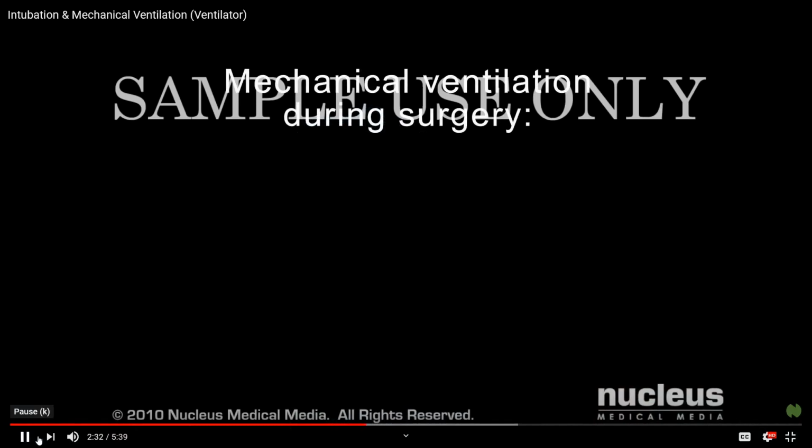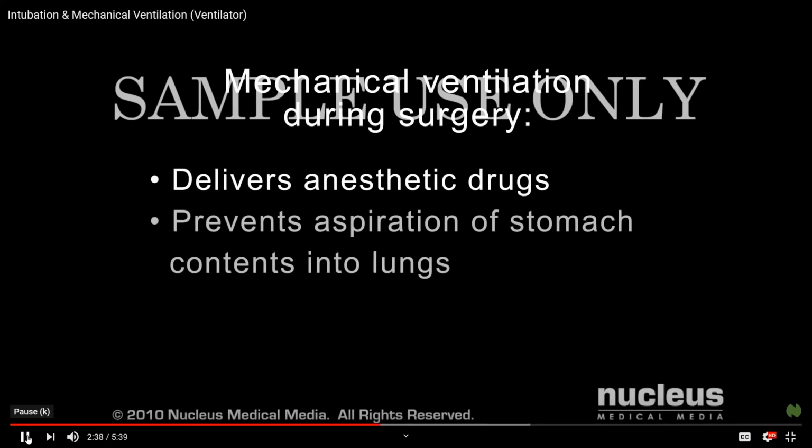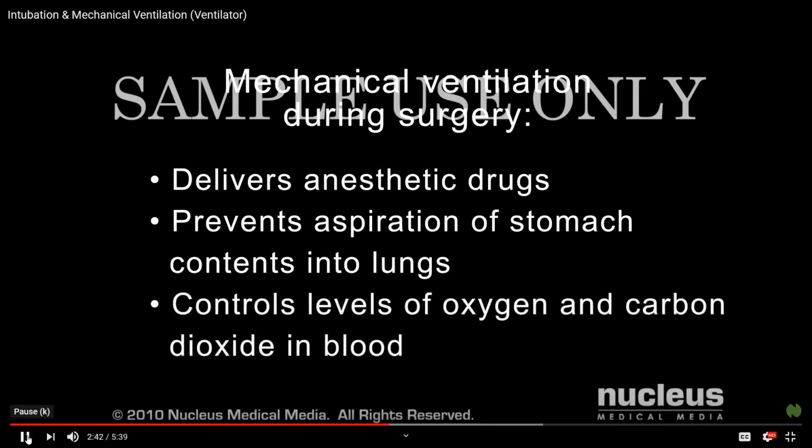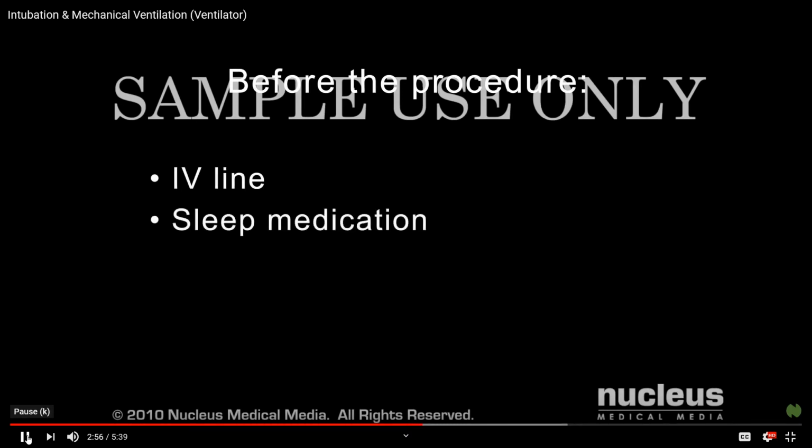Mechanical ventilation is also used during surgical procedures, for delivering anesthetic drugs, preventing the aspiration of stomach contents into the lungs, and closely controlling the levels of oxygen and carbon dioxide in the blood during surgery. Before you are intubated and ventilated for a surgical procedure, an intravenous line or IV will be started, and your doctor will give you medication through your IV to put you to sleep.